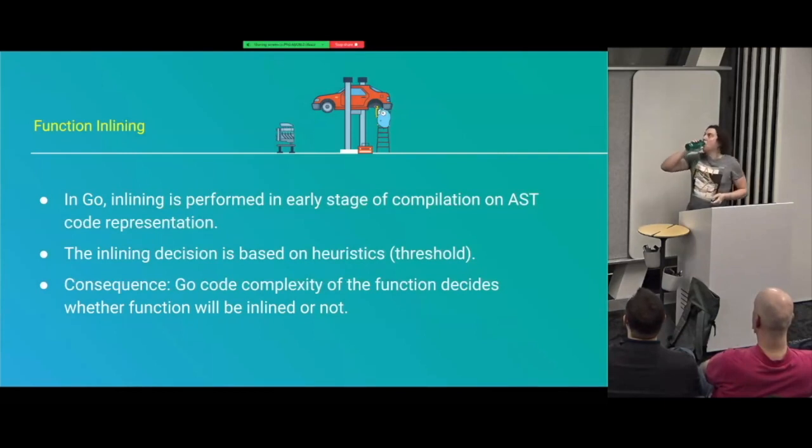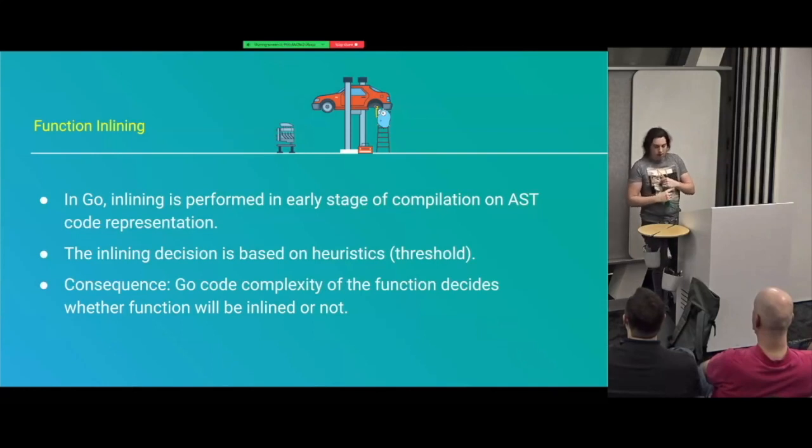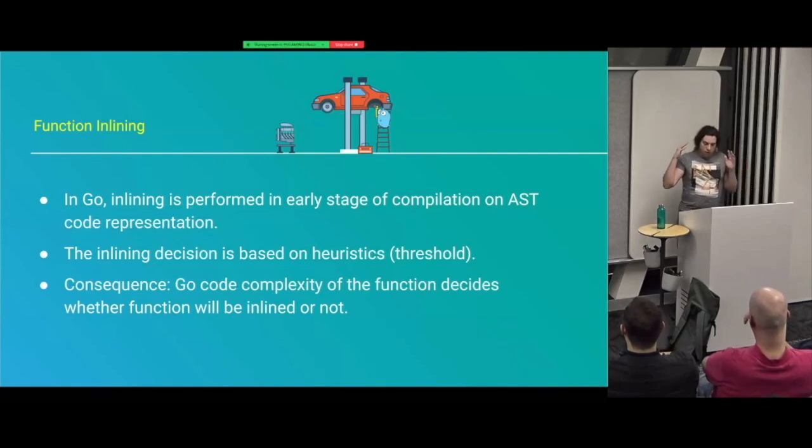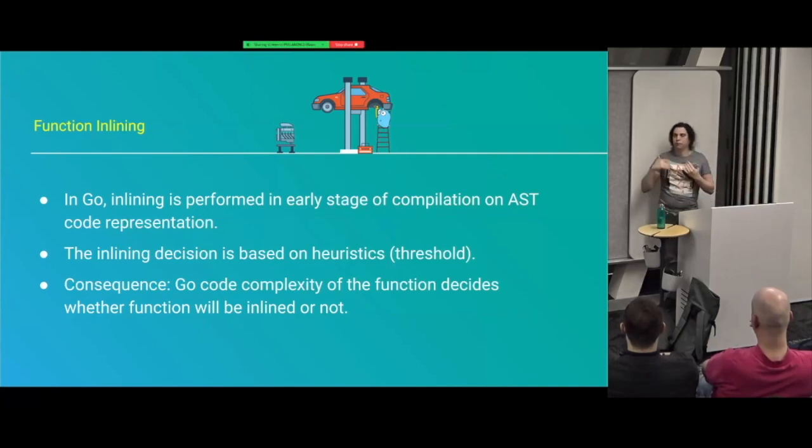So in Go, the function inlining is performed on the abstract syntax tree. For those who do not know, when the compiler parses your code, the code you actually write in Go, it builds the abstract syntax tree that basically says there is a function and in it there are those instructions, or there is a for loop with those parameters and in it there are those statements.